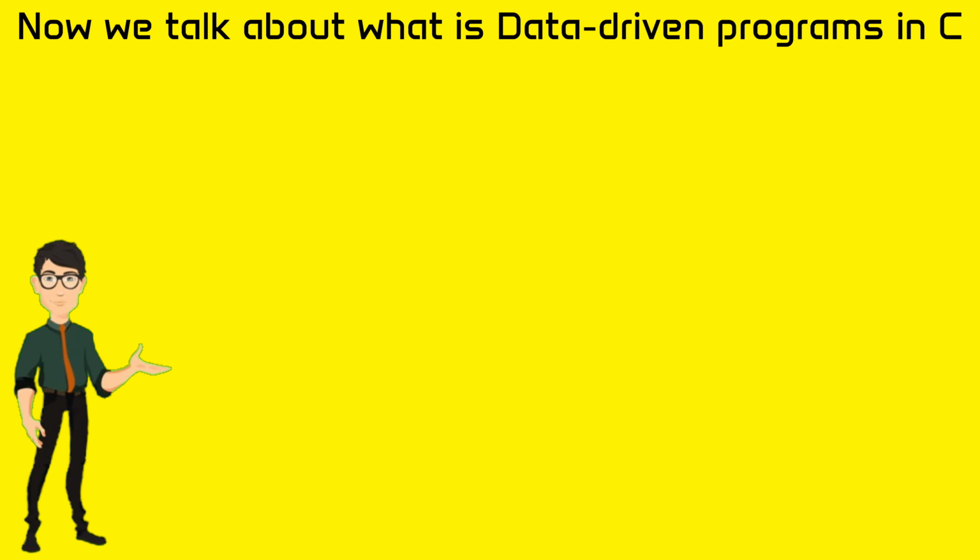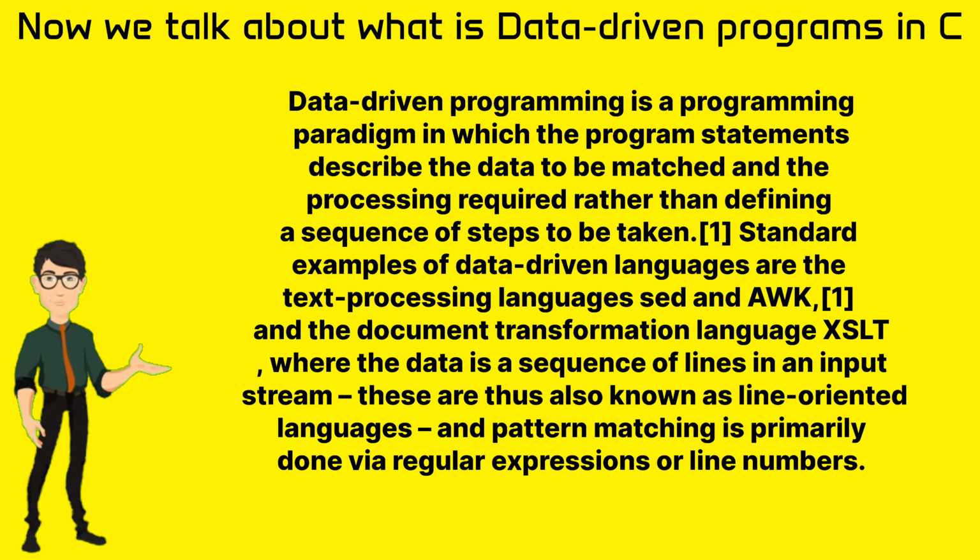Now we talk about data-driven programs in C. Data-driven programming is a programming paradigm in which the program statements describe the data to be matched and the processing required, rather than defining a sequence of steps to be taken.